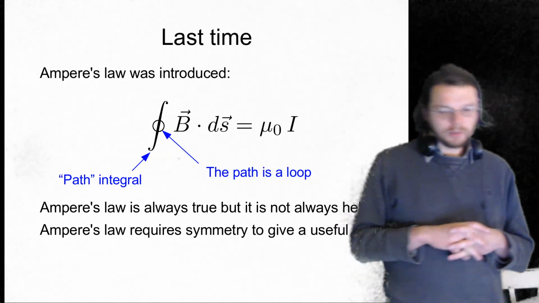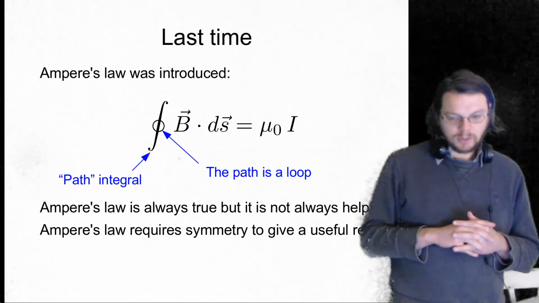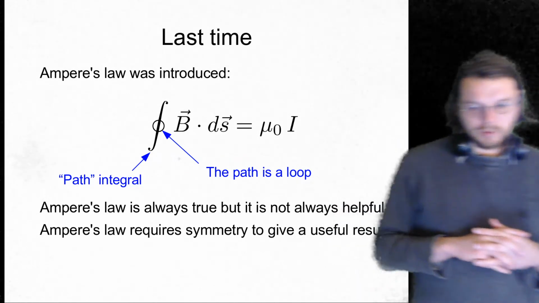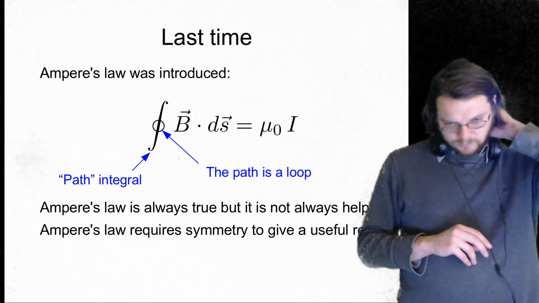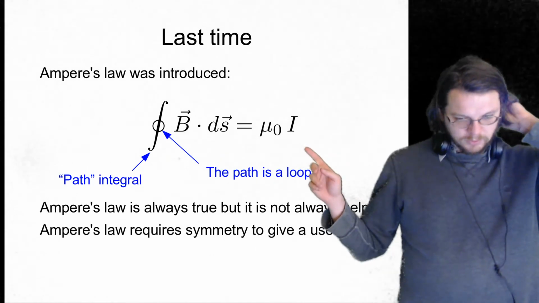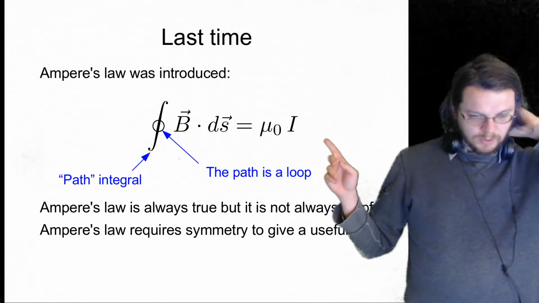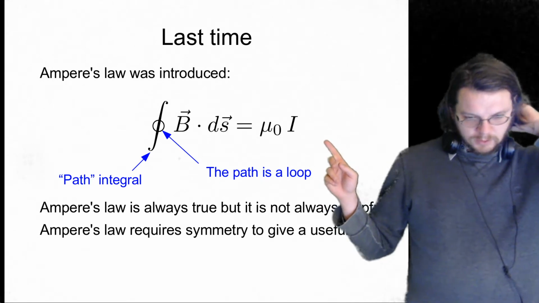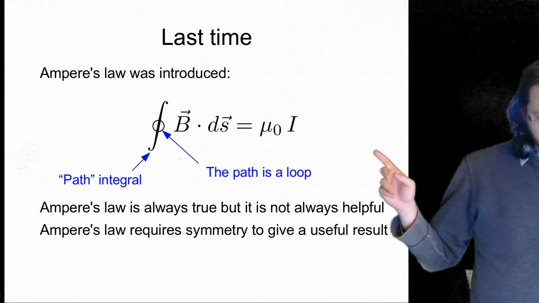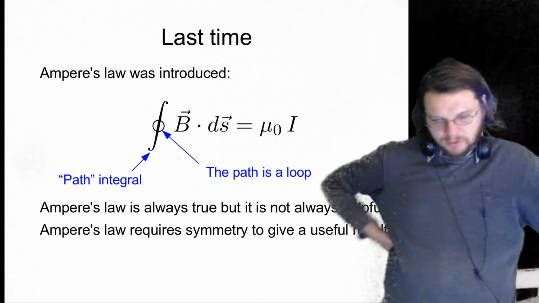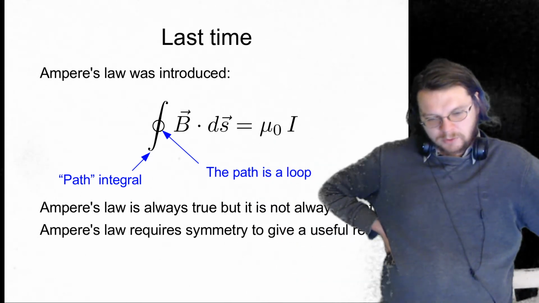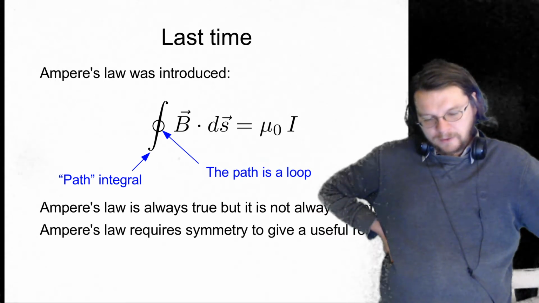And so we did some examples last time. We're going to do some more examples today because I know this is probably pretty strange and unfamiliar to you at this point, which is fine. And similar to Gauss's law, this is always true, but it's not always useful for helping you to answer questions.